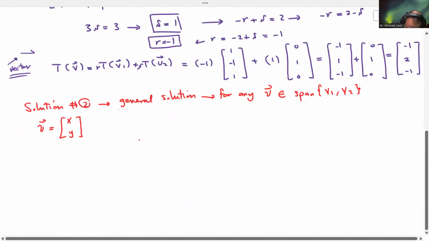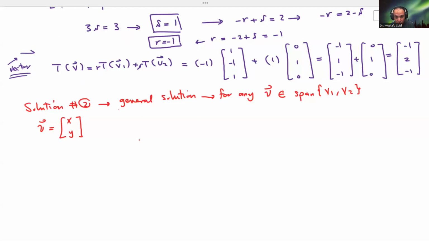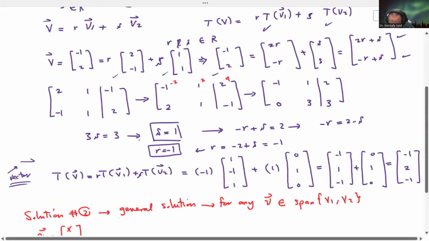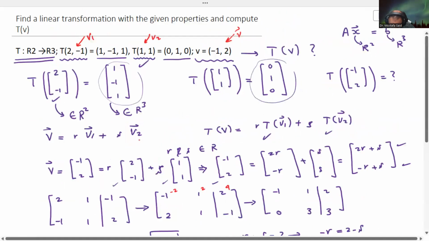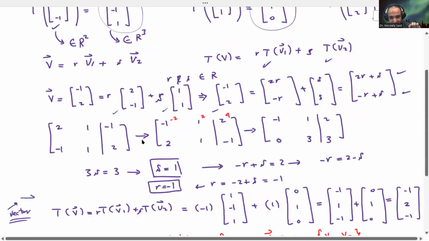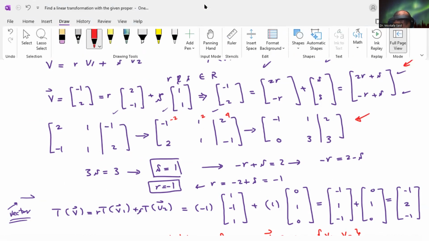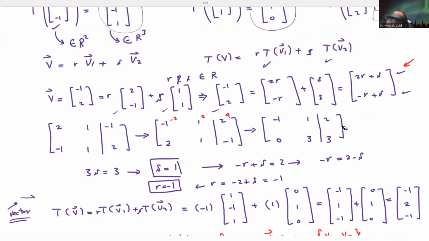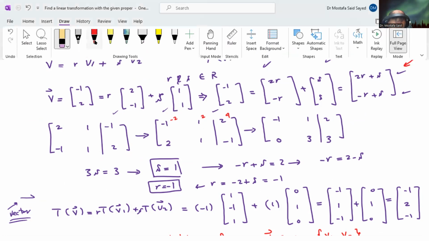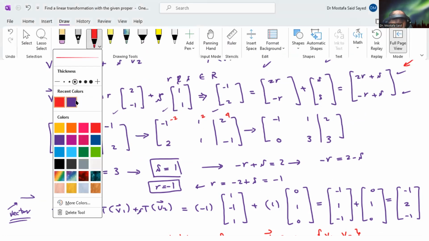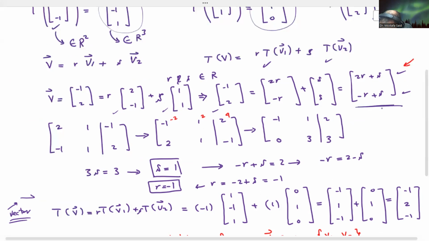It is the same solution, but you should just change one step to make it more general. And that step will be this one here. So let's just remove this arrow. This step will be more generalized.